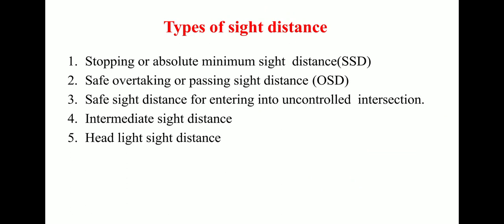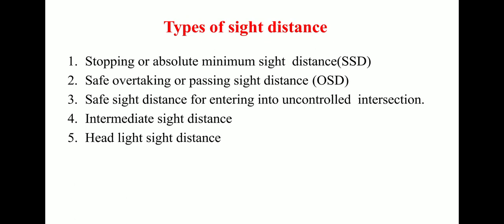Also there are different types of sight distances: stopping sight distance, also called SSD or absolute minimum sight distance; next, safe overtaking or passing sight distance, also called overtaking sight distance, OSD; next, safe sight distance for entering into uncontrolled intersections; next, intermediate sight distance; and lastly headlight sight distance.